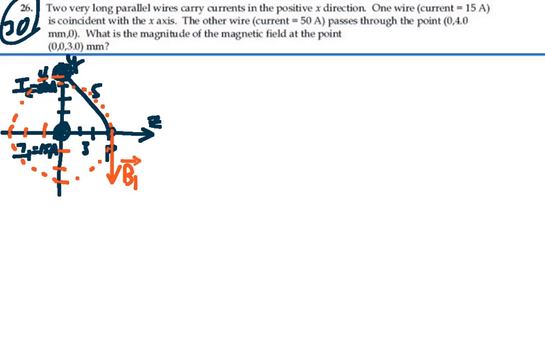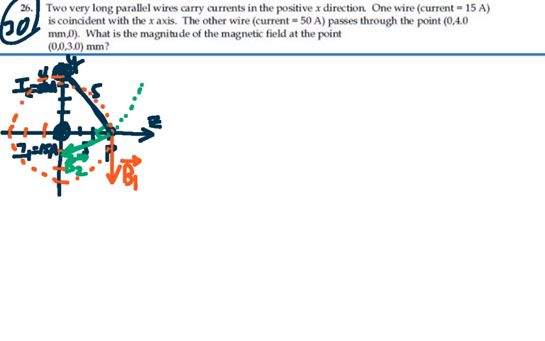And if we were considering clockwise around wire 2 at a radius of 5 millimeters, then B2 is going to be going down like this, perpendicular to this radius here, this 5 millimeter radius.